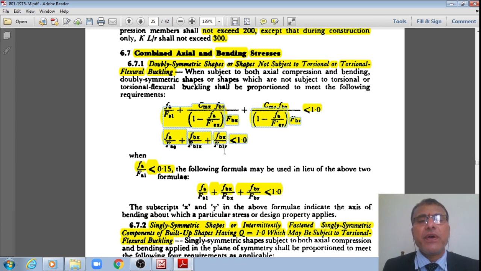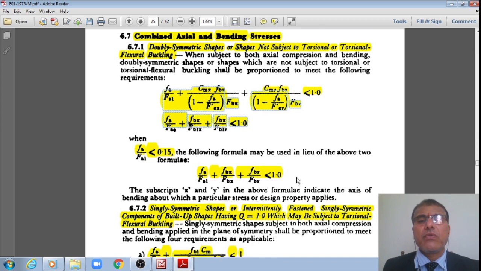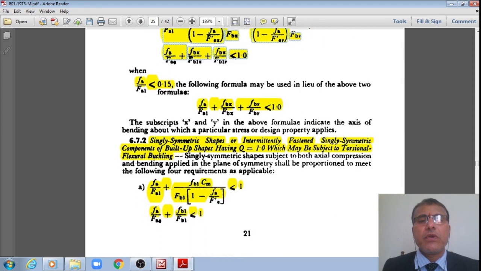Where fa divided by Fa1, when fa divided by Fa1 is less than 0.15, then the formula is like this: fa divided by Fa1 plus fbx divided by Fbx plus fby divided by Fby should be less than or equal to 1, right?